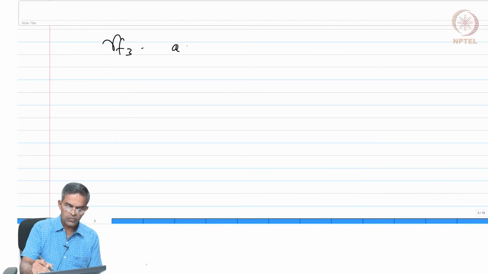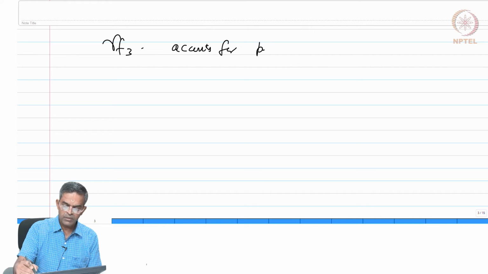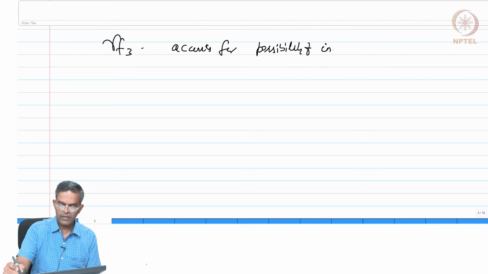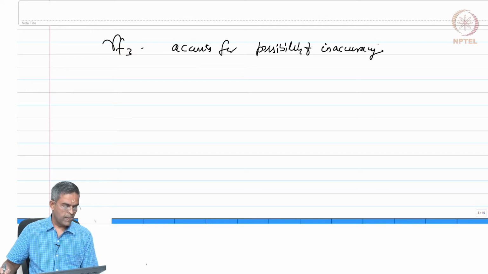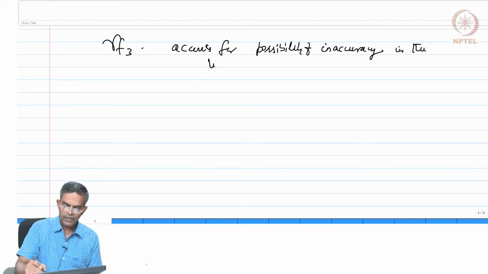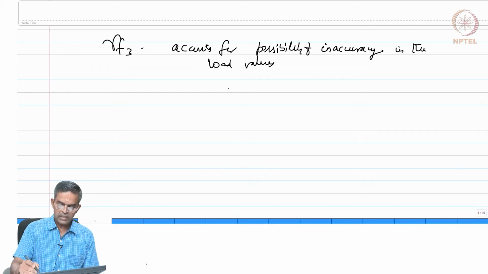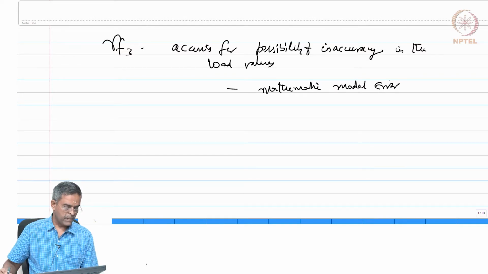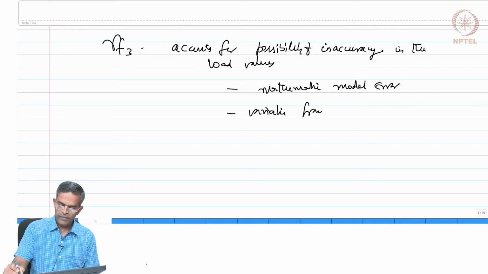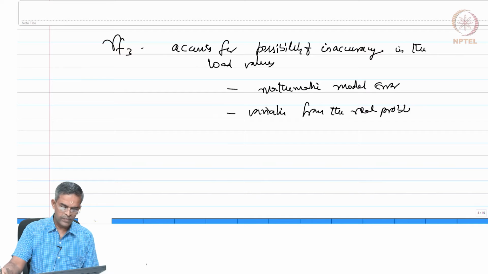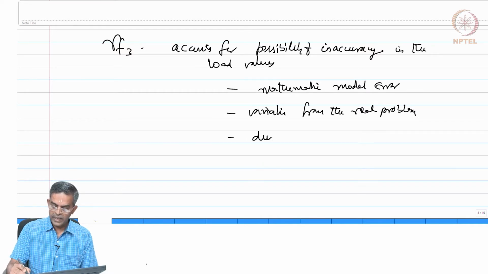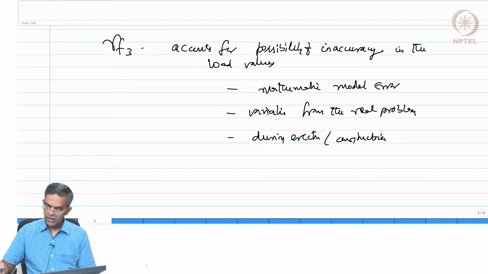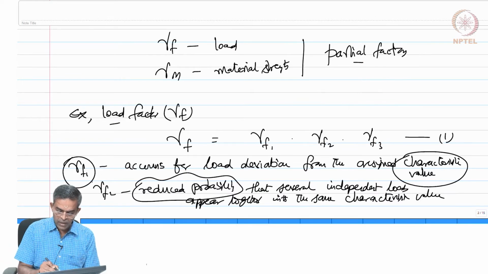Gamma f3 accounts for the possibility of inaccuracy in the load value arising from mathematical error or mathematical model error, variation from the real problem, problem arising during erection or construction, etc. So amongst these, if you look carefully, gamma f2 addresses the effect of load combination, is it not?